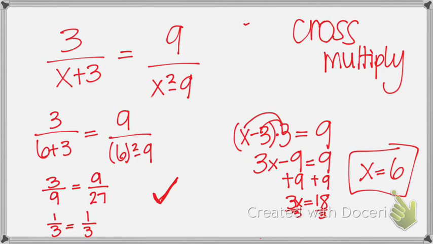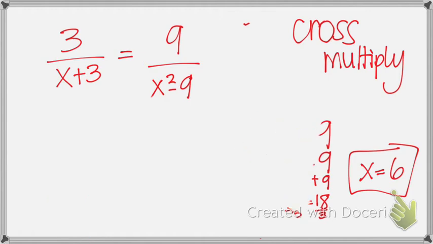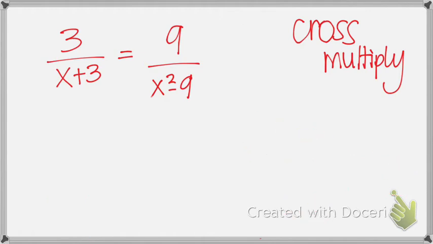Now, you don't have to write this part, but just listen. So we could cross multiply, okay? But let me show you what happens when you cross multiply.